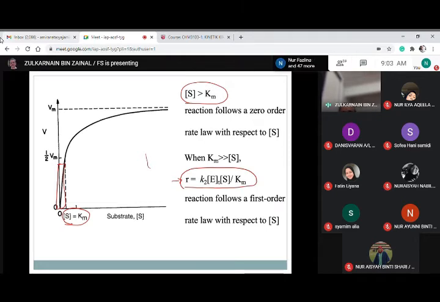What you can see there is that K2 and ET are constant and Km is also constant, so it is basically a constant times S. Since S is to the power of 1, the reaction is actually first order.